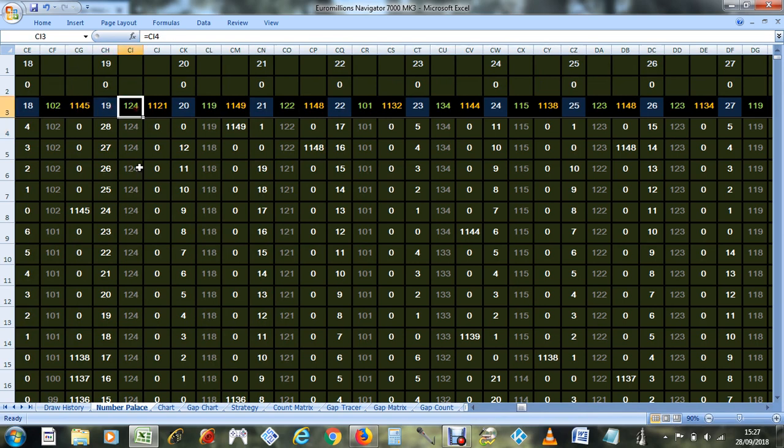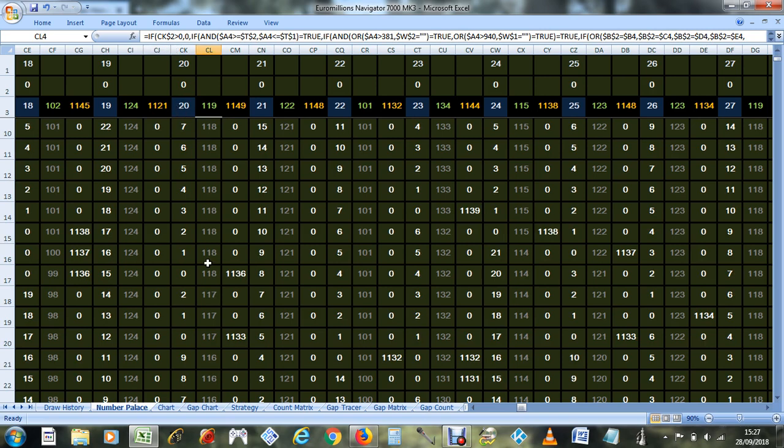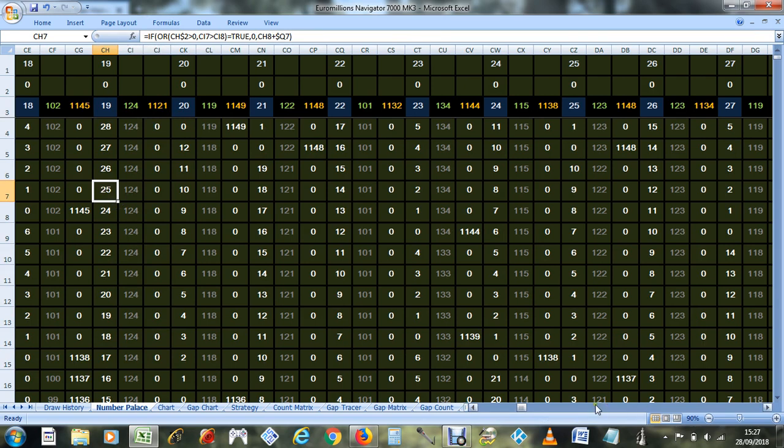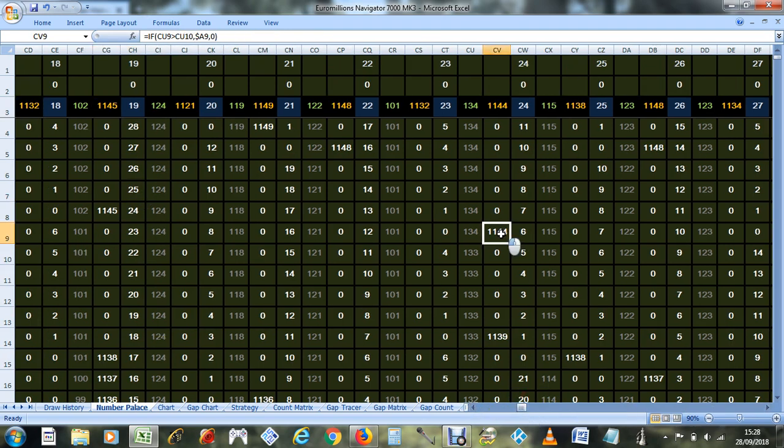So I've got the frequency of the number here, the last draw that it occurred in, and so each of these columns shows what the draws that the number occurred in, and it counts how long it's been since it last occurred.